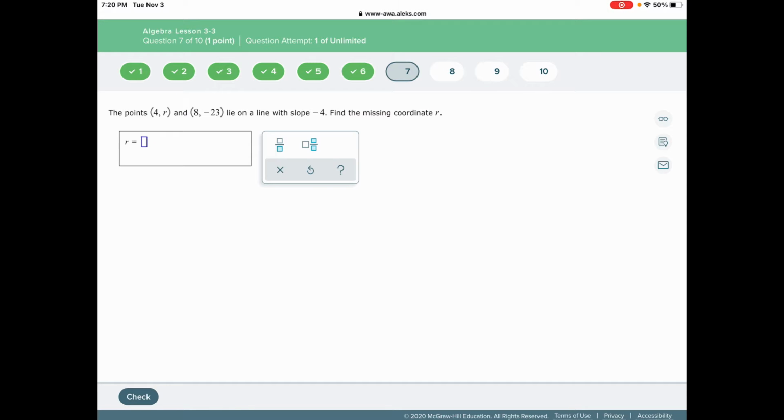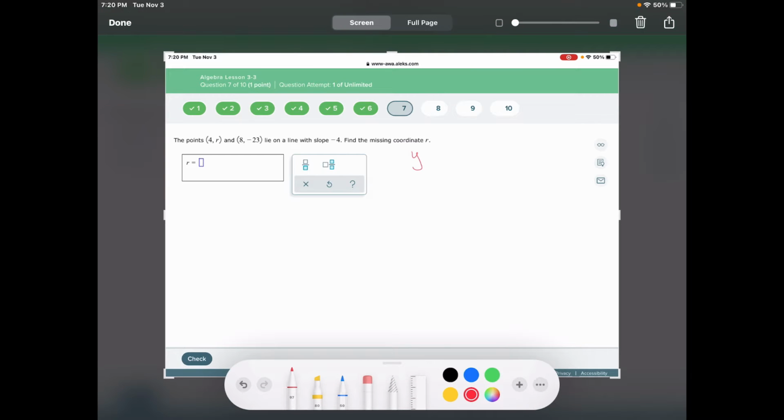All right. Now, we're going to use a little algebra. And don't forget your formula, y2 minus y1 over x2 minus x1 equals slope. We're going to use m for slope because that's the letter we often use. So in this case, y2 is -23 minus y1 is r over x2 is 8 minus 4 equals -4.